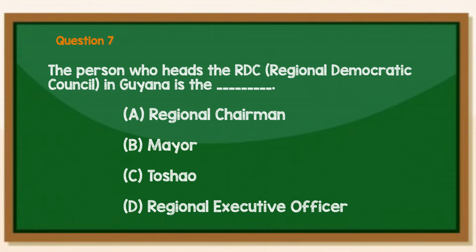Question 7. The person who heads the RDC, Regional Democratic Council in Guyana, is the A, B, C, or D?